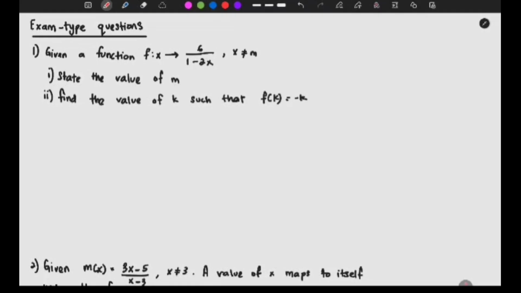In a function, let's just say f(x), on top whatever number, let's just say 1, too lazy, and at the bottom, remember, it cannot be equals to 0. On top it can be any number, but at the bottom it can be any number except 0. It cannot be 0.